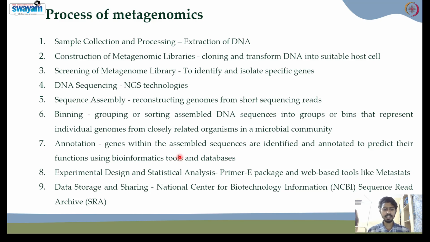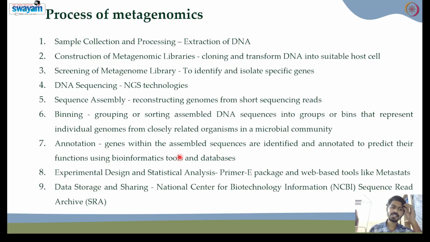Lastly, you will be storing the data and sharing the information through various centers like the National Center for Biotechnology Information, for sharing the information that you got through the metagenomics approach.